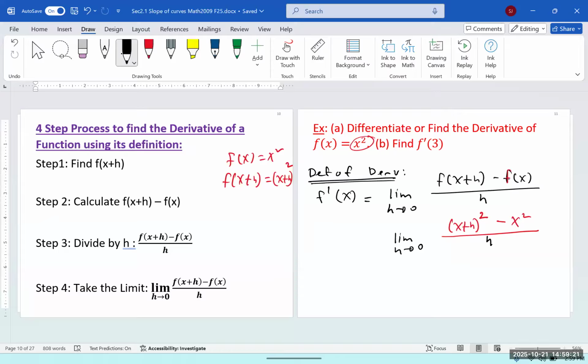And then what we did before, we're going to do the exact same thing again. Limit as h goes to 0 of x squared plus 2xh plus h squared, so when you expand this, you get that. You're subtracting x squared, and at the end you're dividing by h.